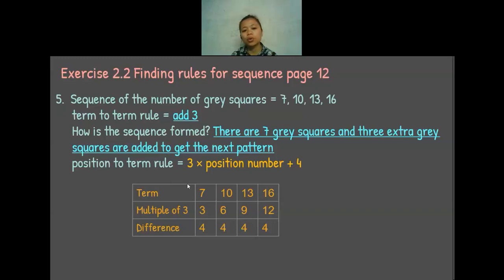And because the term-to-term rule is add 3, we'll have the multiples of 3: 3, 6, 9, 12. And then for finding the difference, it will be 4, because 7 minus 3 is 4, 10 minus 6 is 4, 13 minus 9 is 4. So the position-to-term rule will be 3 times position number plus 4.